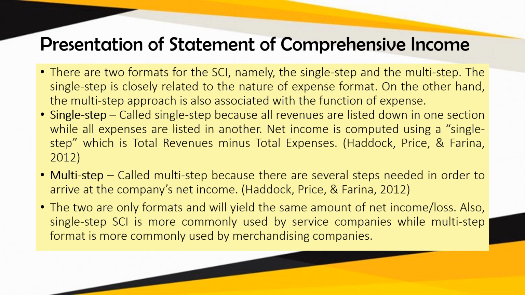Kay multi-step, medyo mas mahaba ang kanyang process or maraming steps ang kailangan gawin para malaman ang company's net income. Please take note that these two are only formats and will yield the same amount of the net income or net loss. Also, the single-step SCI is more commonly used by service companies, while multi-step format is more commonly used by merchandising companies.